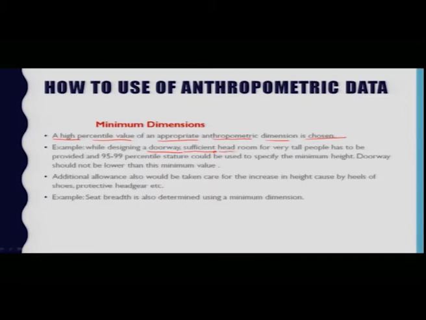The first thing is that sufficient headroom for very tall people has to be provided, and 95 to 99 percentile stature could be used to specify the minimum height. The important point is the doorway should not be lower than this minimum value.